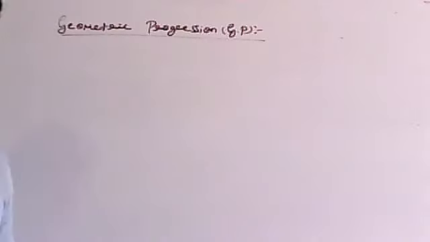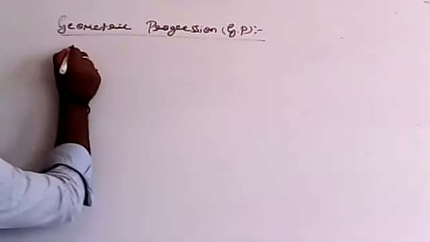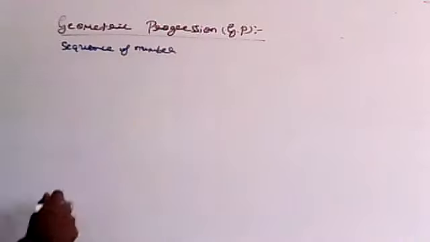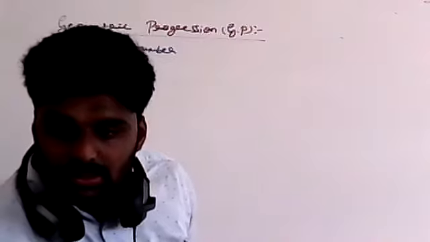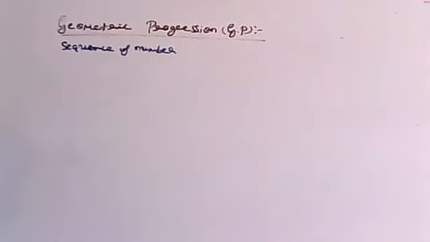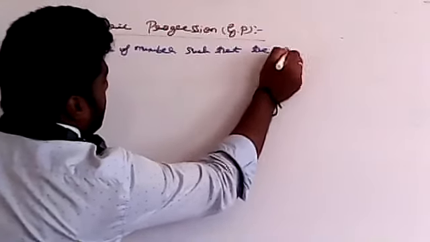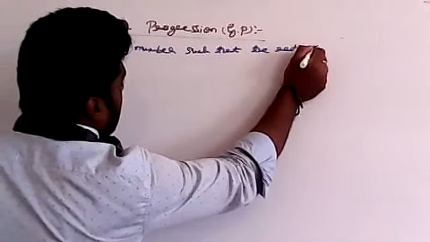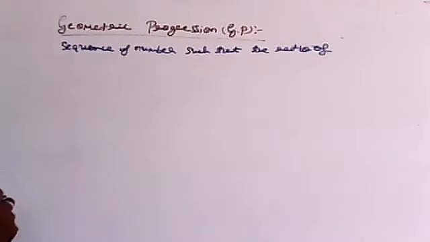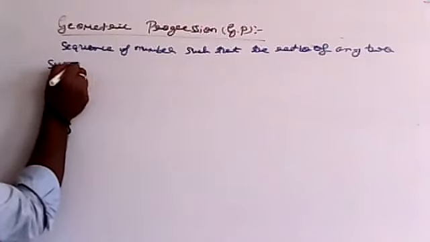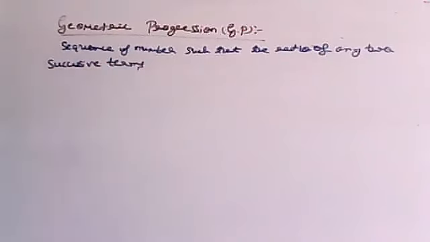Okay, geometric progression. So write down: a geometric progression is a sequence of numbers such that the ratio of any two successive terms is a constant.